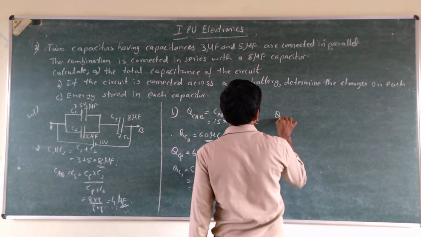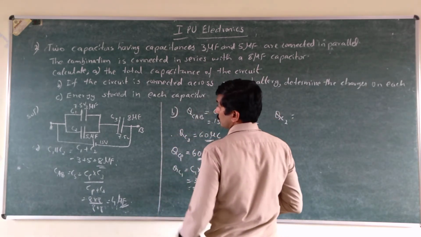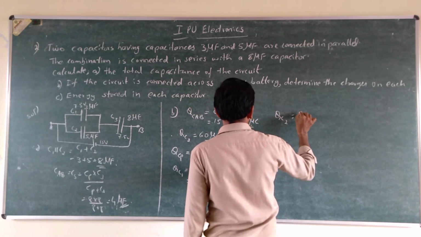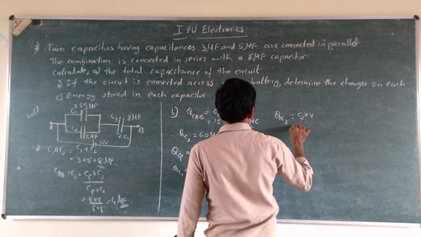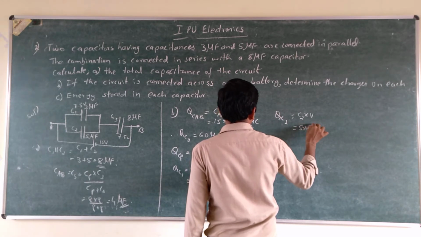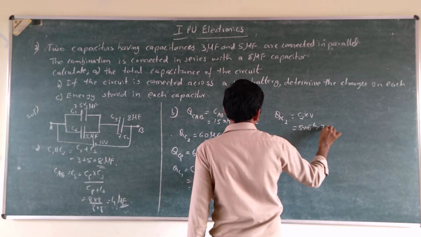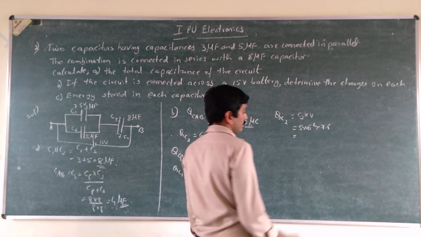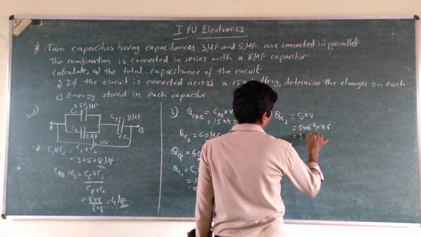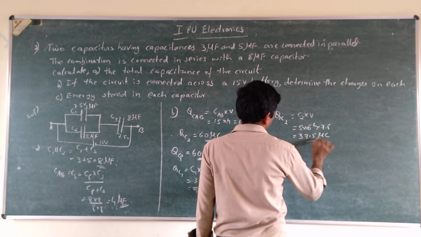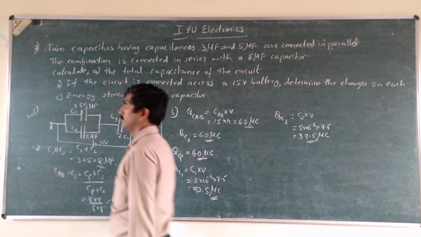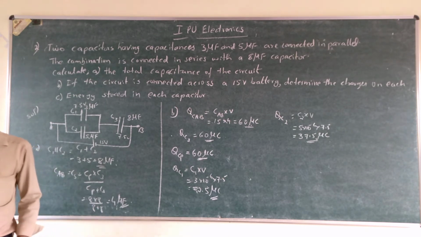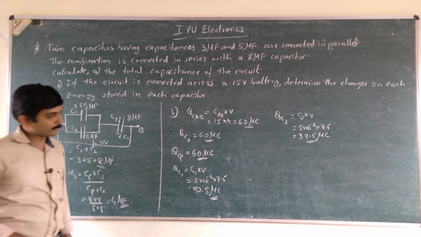QC2 is equal to, what is QC2? 5 microfarad, C2 into V, 7.5 volt. 35 plus 2.5, 37.5 microcoulomb. Okay. Next is about energy stored in each capacitor.